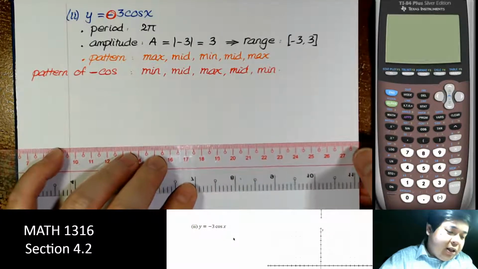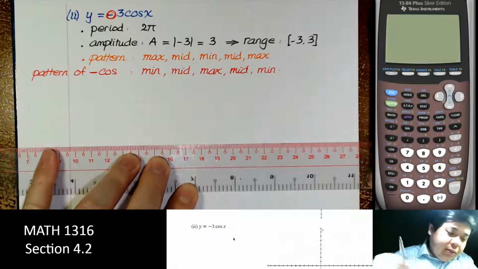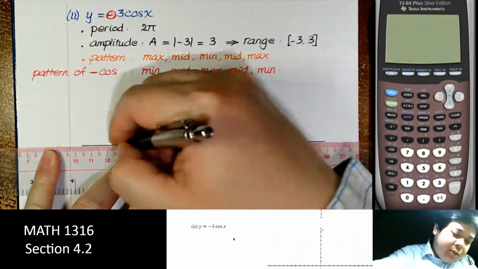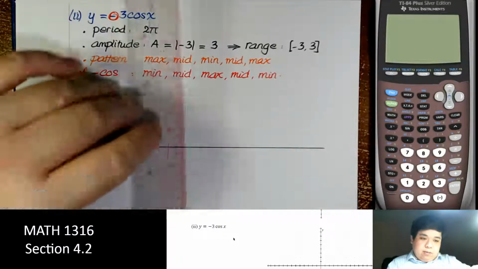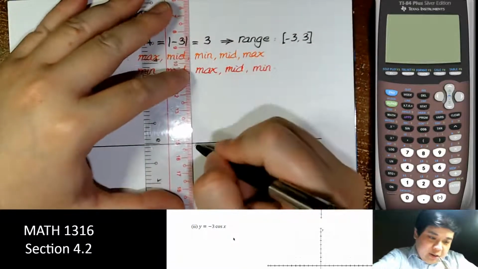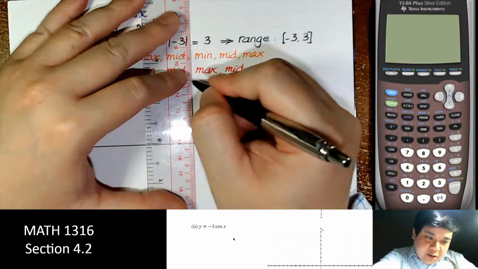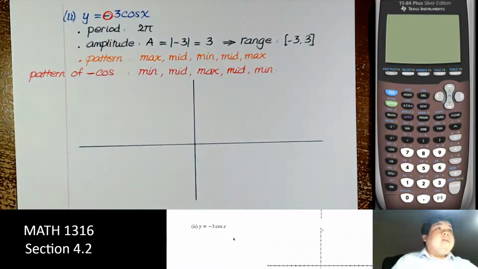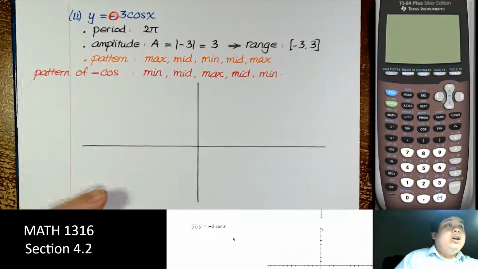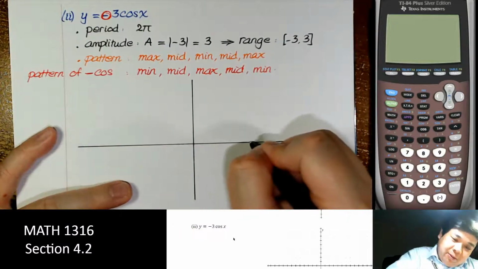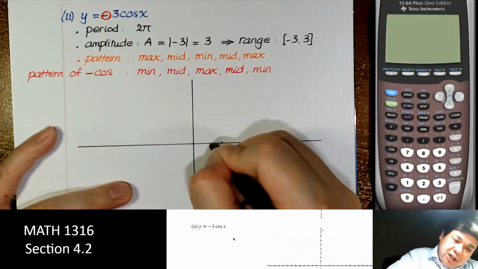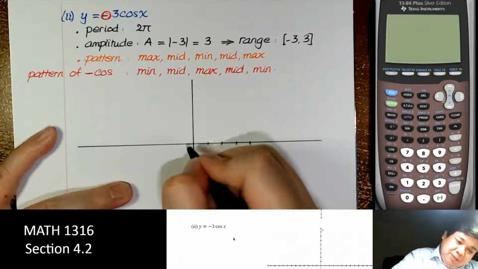Let's go here. Right. Here is 2 pi. That's where we start. Say a period here, so cut this into 4 equal pieces.